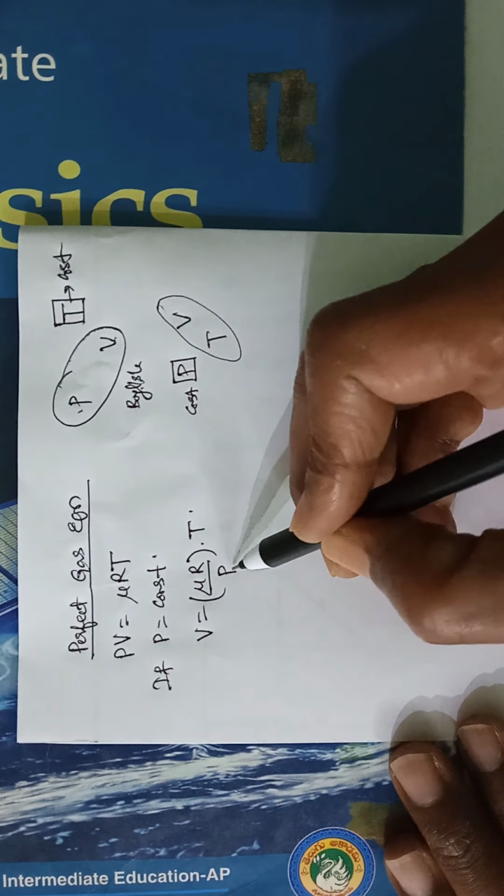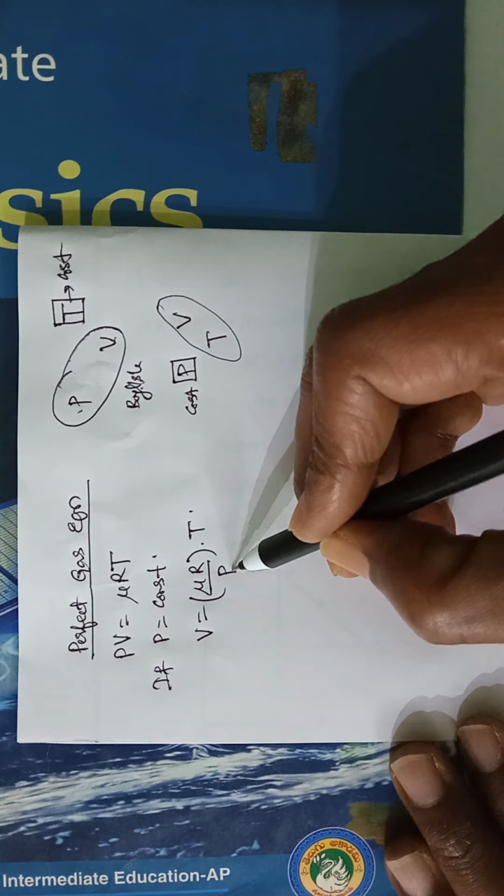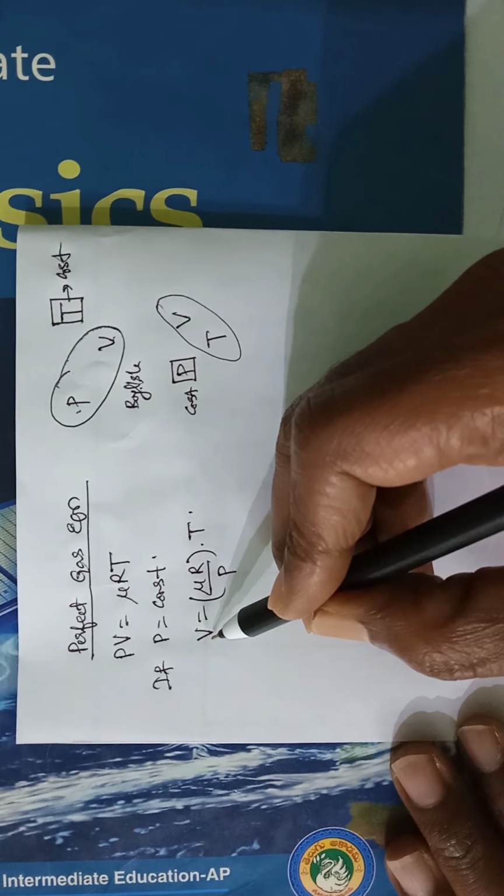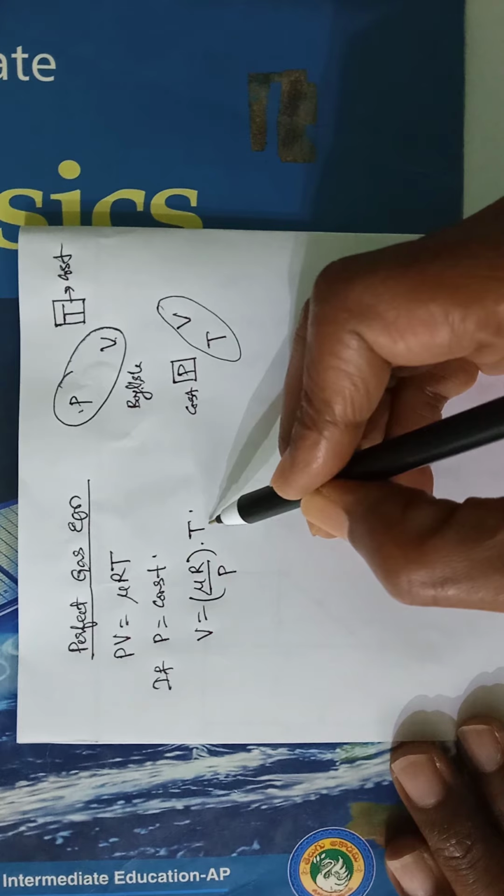Mu, R and P, now the three are constants. So here V is variable, here temperature is variable.